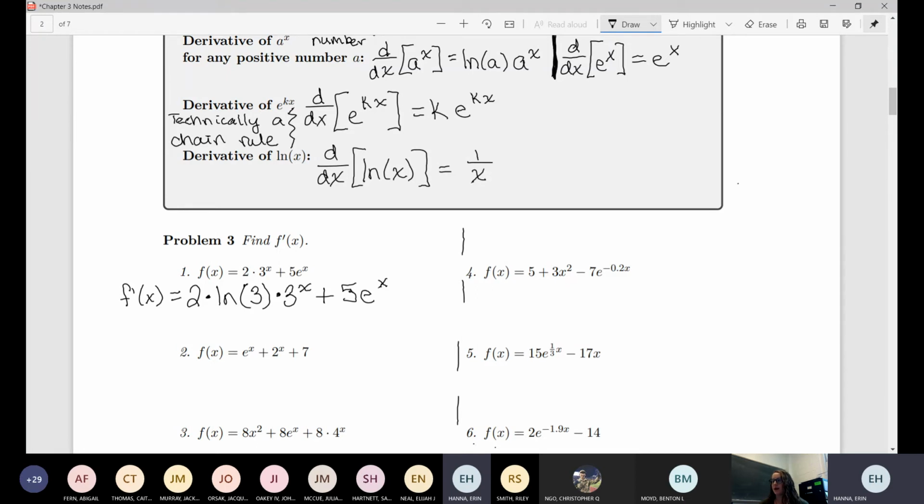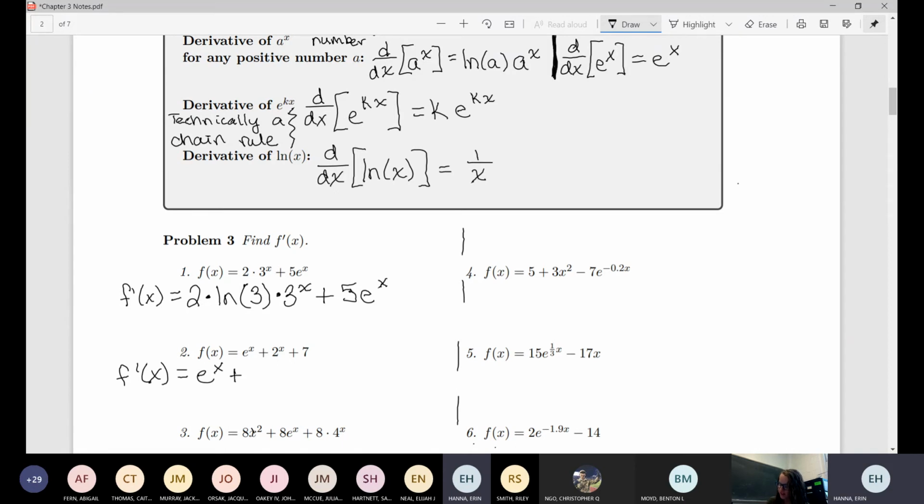So the next one, I have the derivative of e to the x, which is e to the x.